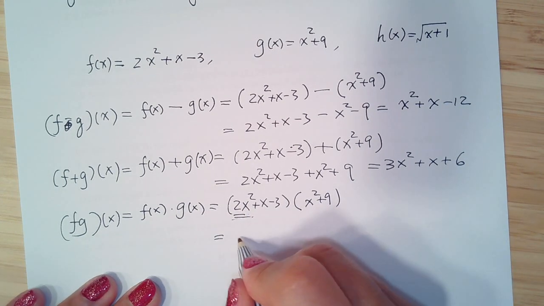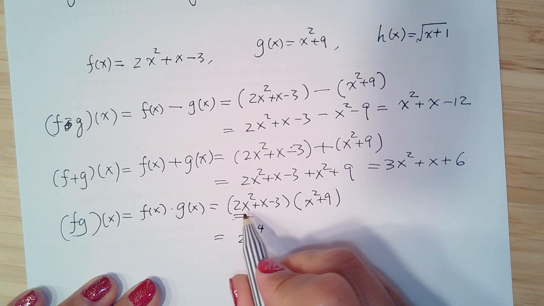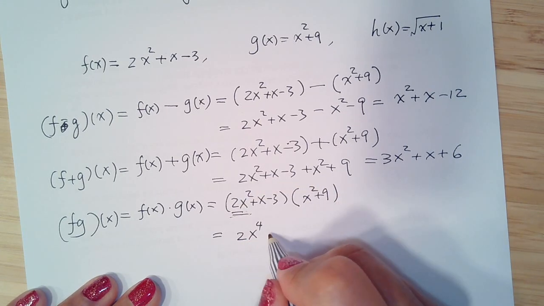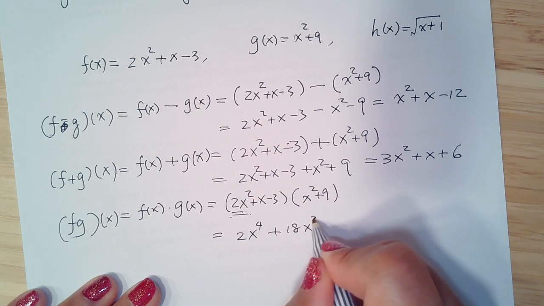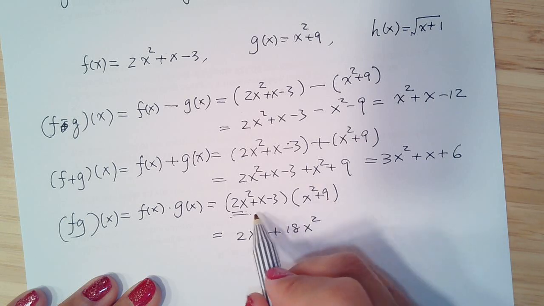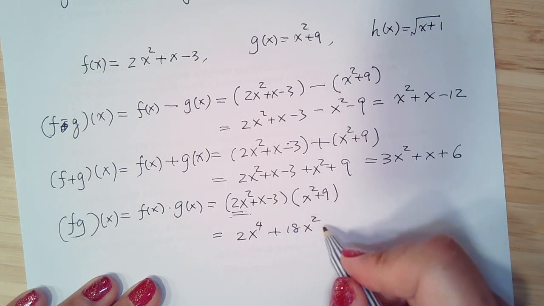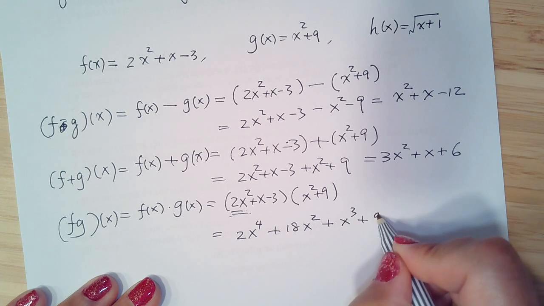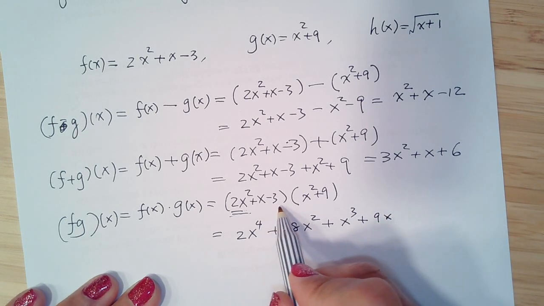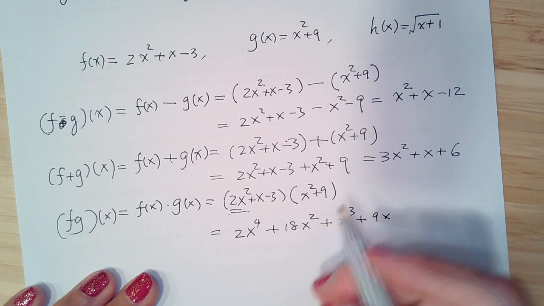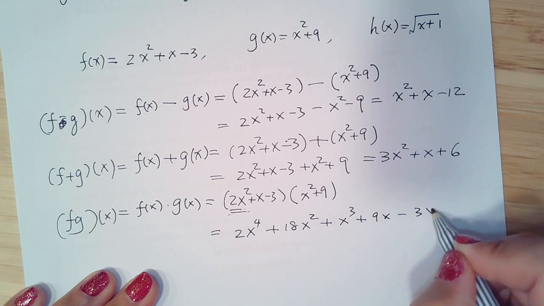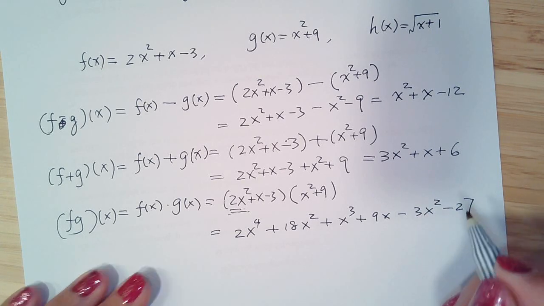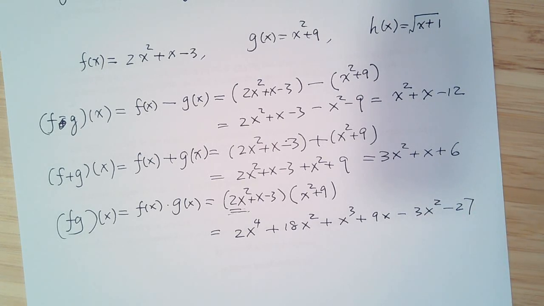We get a 2x to the 4th. And then that's plus 18x squared. So 2x job done. x distributing to that, I get a plus x cubed plus 9x. And then the last part, I'm going to distribute this negative 3. So minus 3x squared minus 27. Okay. Are you ready to combine the like terms?